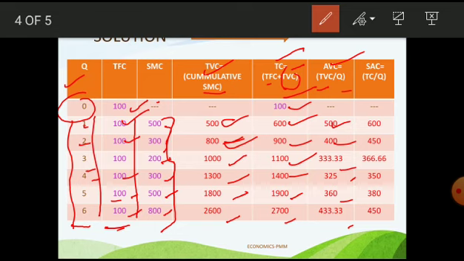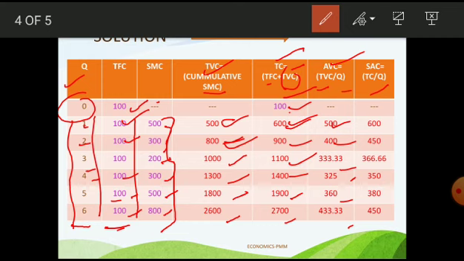Then the last cost we need to calculate is SAC. As I told, S stands for short run average cost. The formula for short run average cost, or AC, is TC divided by Q. Here TC is already calculated, so we need to divide it again by the output.